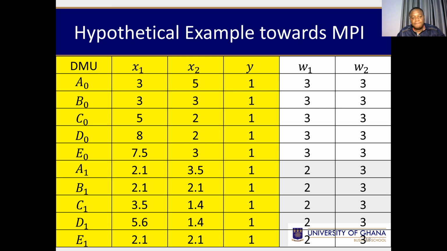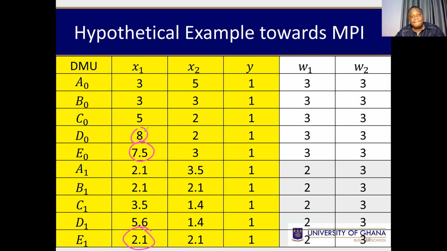So what we have is 3 lambda A0, sorry, 3 lambda A0 plus 3 lambda B0 plus 5 lambda C0 plus 8 lambda D0 plus 7.5 lambda E0, less than or equal to 2.1 theta. Excellent. Now you know what you're doing.